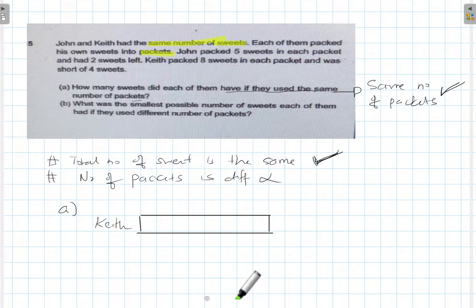So this is this side here. This is short of 4. So the other one will be John. John is actually what? 5, and then there will be 2 sweets left. So put all this down.